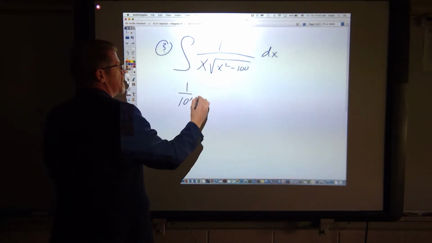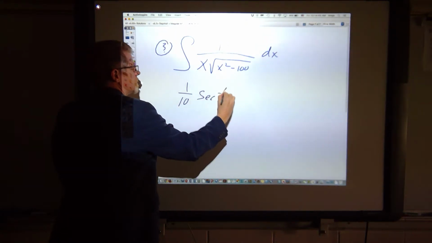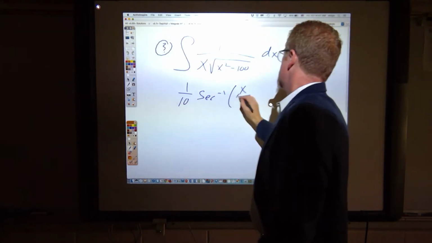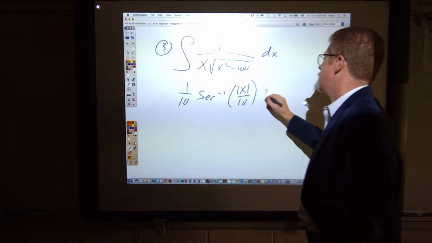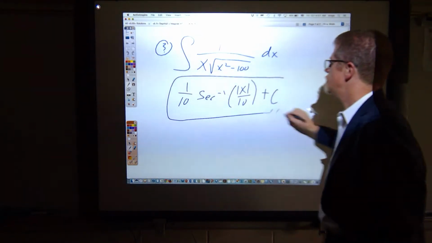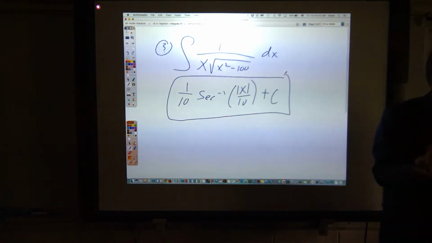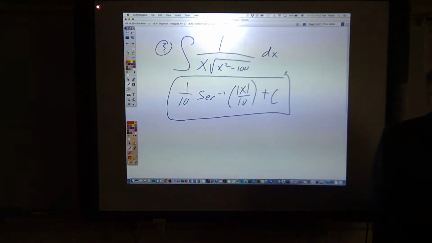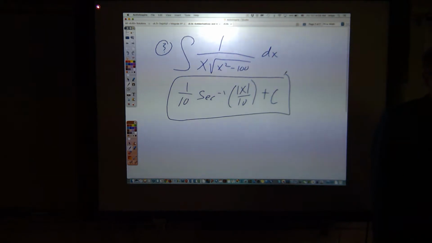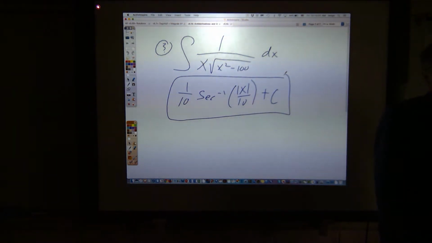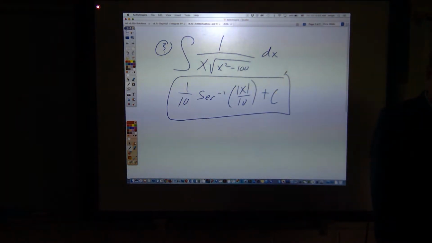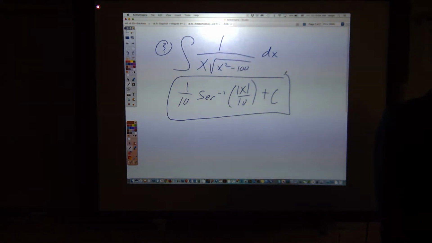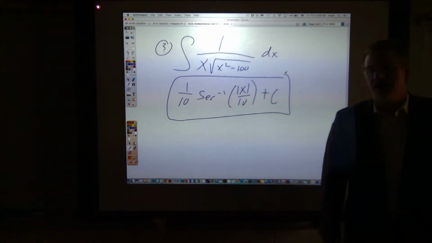It's 1/10 secant inverse of x over 10 with an absolute value on the x plus c. You would do nothing more. You would spend no more time on this problem other than what it took to write down the answer. Okay? Do you have any questions on this? The final section of Unit 5.